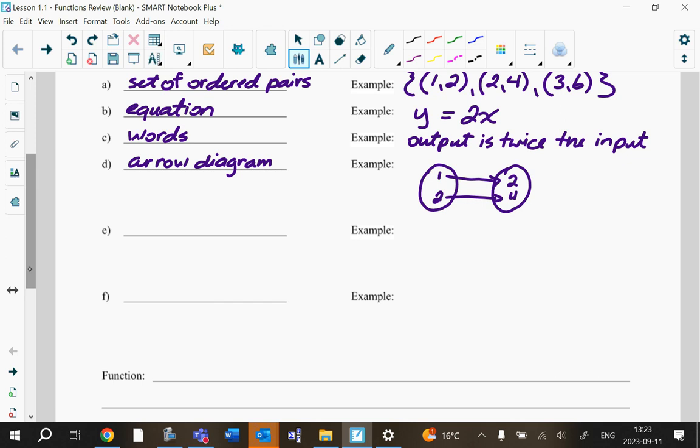Table of values. First column are the inputs, second column are the outputs. And I can just list them. If I plug in 1, out will come 2 if I double it. If I plug in 2, out will come 4.